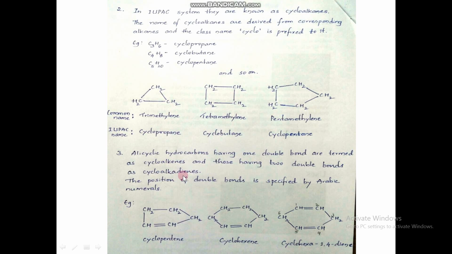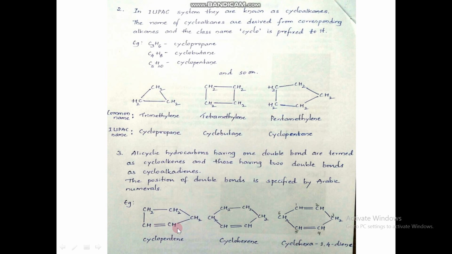The position of the double bonds is specified by Arabic numerals. For example, this is one molecule. It is a cyclic structure, a ring structure, cyclo. There are 5 carbon atoms, so pent, and there is one double bond, so that is suffixed as "-ene".